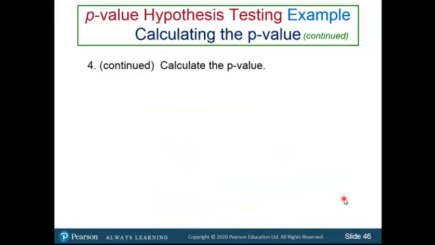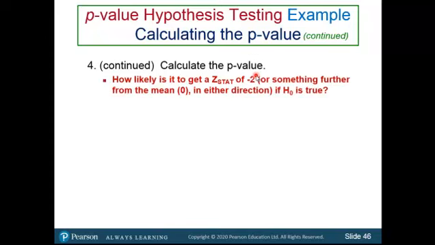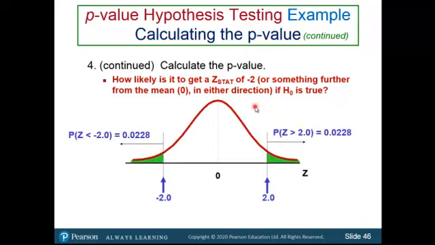So number 4, calculate the p-value. How to calculate the p-value? Here we have the z-stat negative 2.0 to the left and 2.0 to the right.